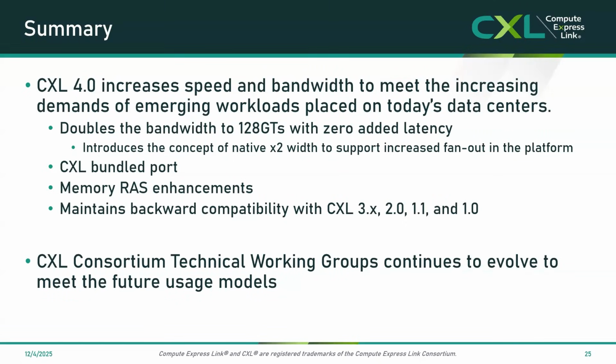We also have the new x2 width, as Debendra mentioned, so that allows you to have more devices attached to the switch or to the host at x2. We introduced bundled port, and I talked about that. We have driven a number of memory enhancements in the RAS area. And while doing that, we have maintained compatibility with CXL 3.x, 2.0, 1.1, and even 1.0, so that your investments in those technologies can continue to pay back.